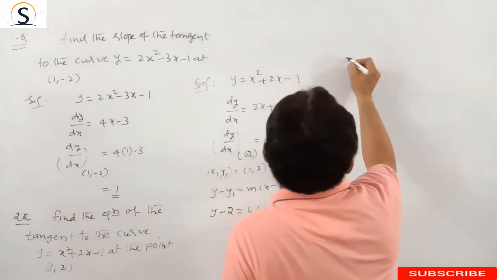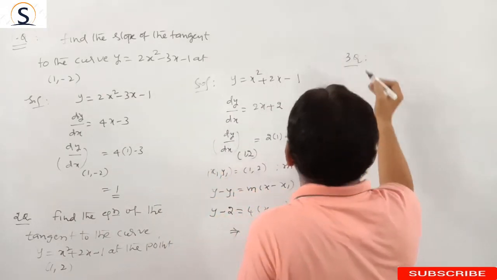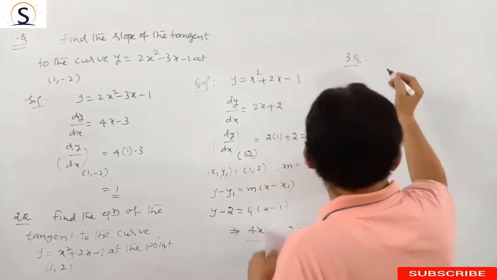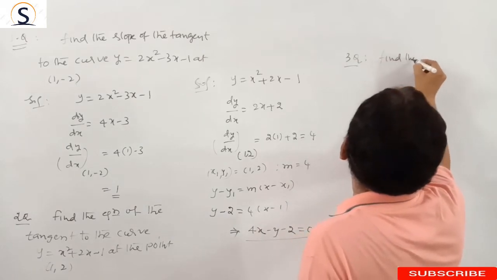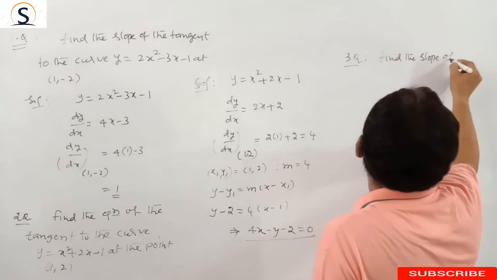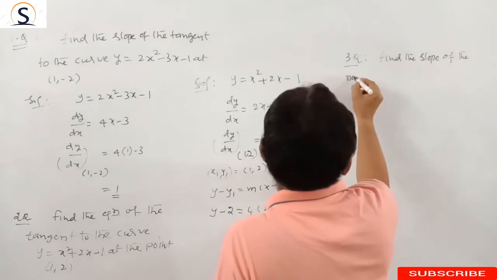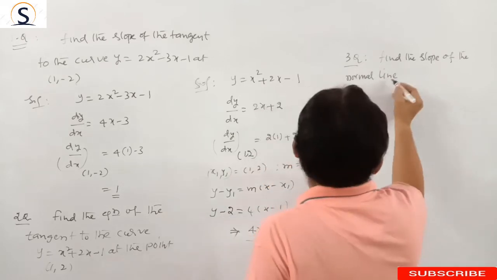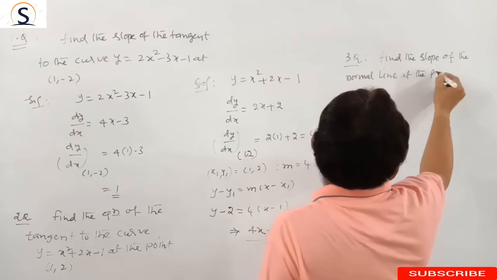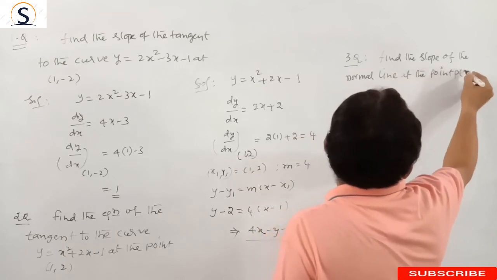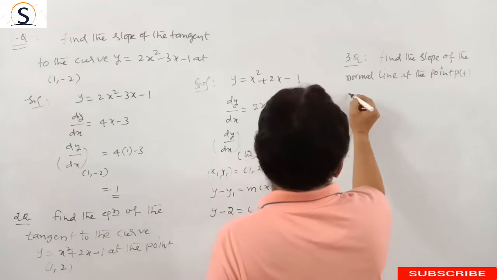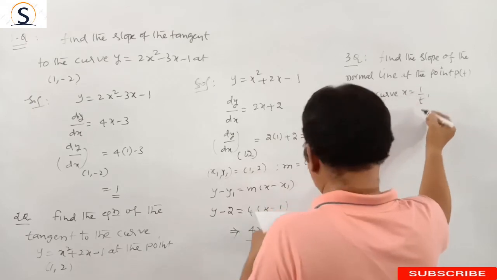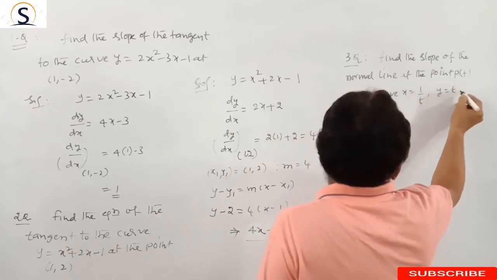Now the third question. Instead of the curve being given with y in terms of x, it is given: find the slope of the normal line at the point P of t on the curve x is equal to 1 by t and y is equal to t.